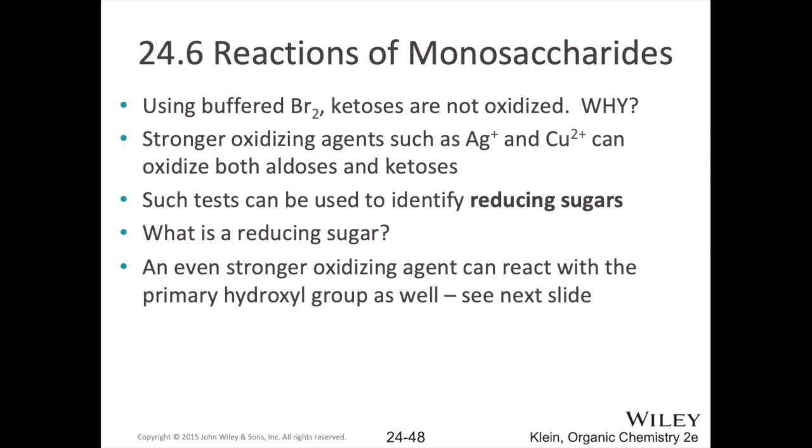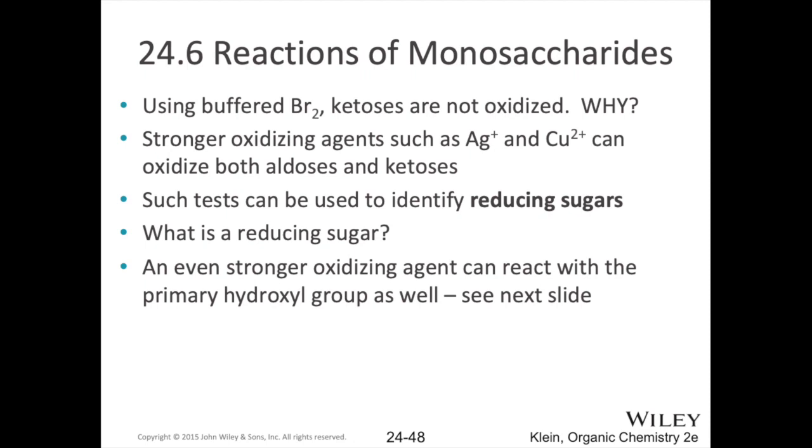Any sugar that can react with one of these oxidizing agents, in the case of silver ions, is usually in what we call Tollens' reagent, or in the case of copper 2+ ions, usually in the form of either Benedict's reagent or Fehling's reagent. You've probably heard of those tests for carbohydrates or for reducing sugars.